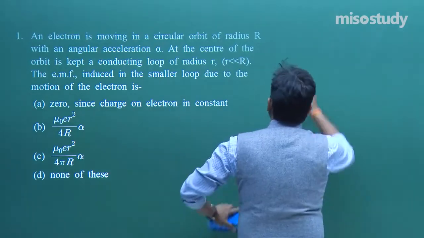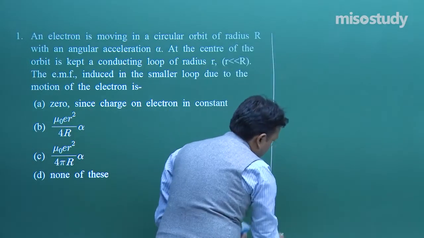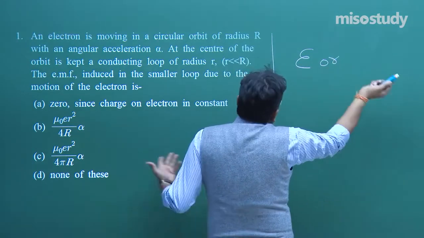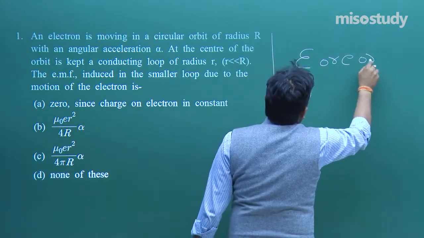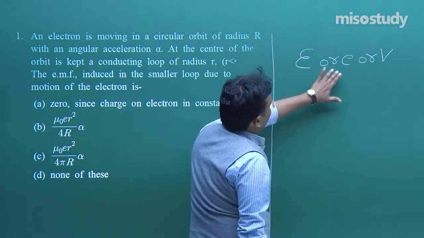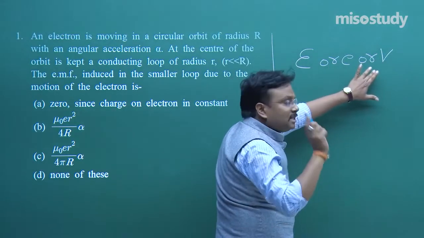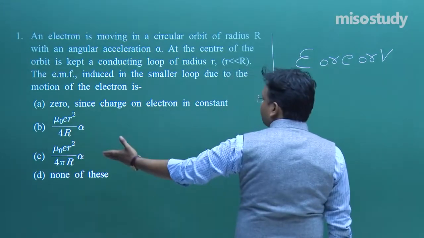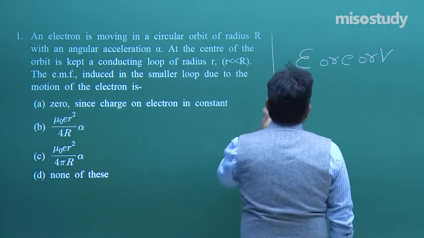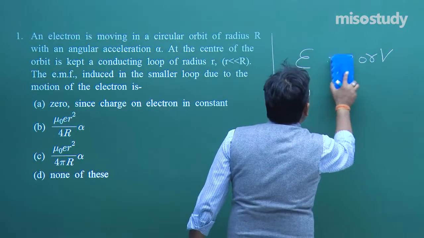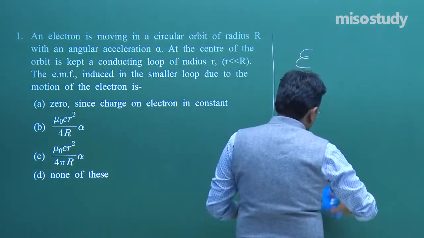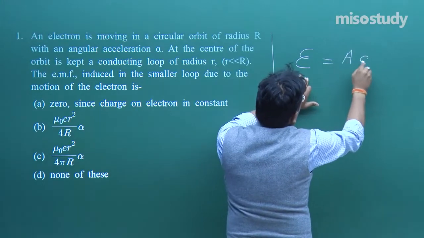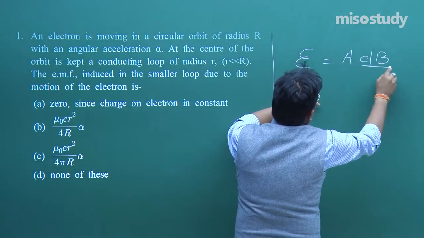So let us start the solution. E or V, any one may be the symbol, but in general we use small e, while small e is also the charge here. So let us use E, the induced electromotive force, and it is A dB by dt.